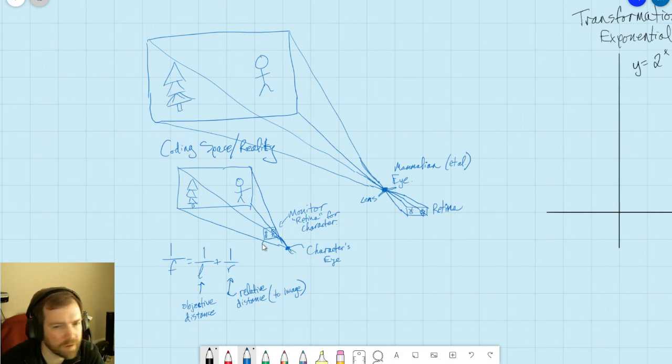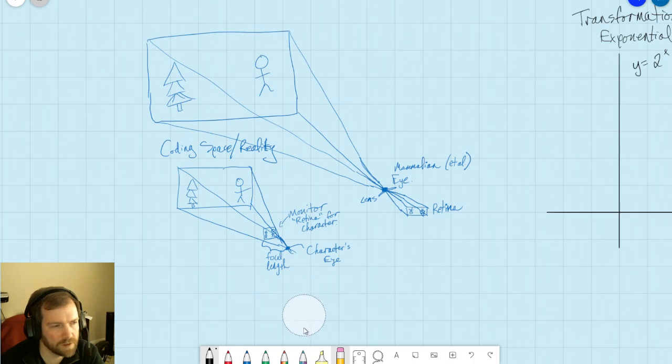So the monitor to the eye here is what you're saying? Diagonal. I didn't mean it necessarily along that diagonal line.